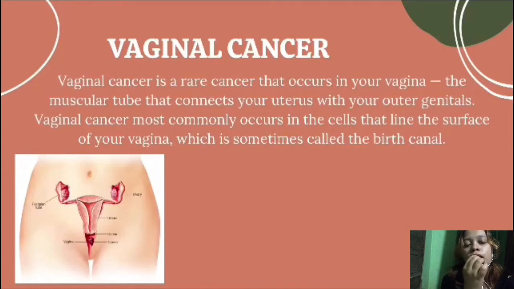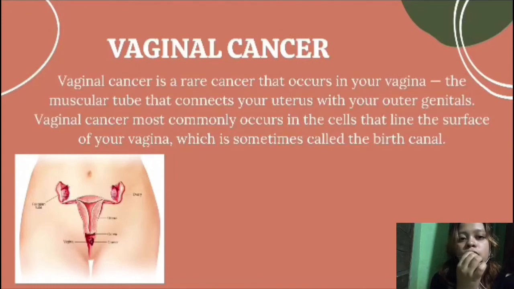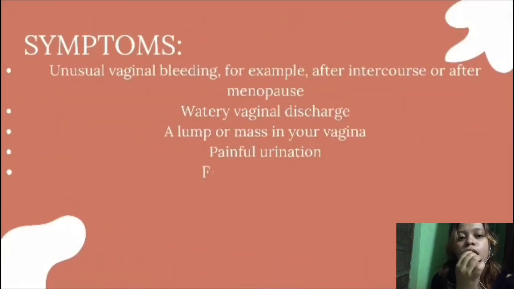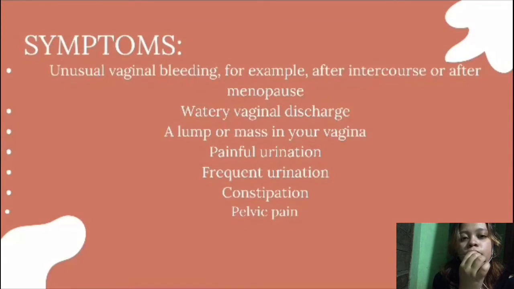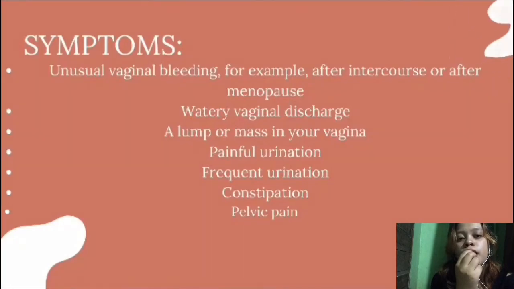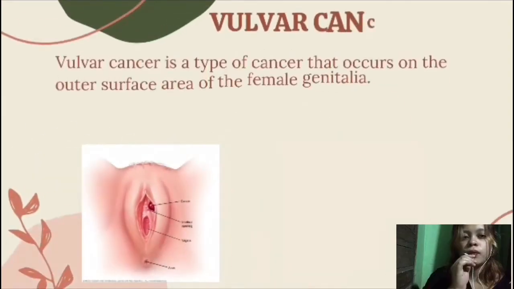Vaginal cancer may cause signs and symptoms such as unusual vaginal bleeding, for example, after intercourse or after menopause, watery vaginal discharge, a lump or mass in your vagina, painful urination, frequent urination, constipation, and pelvic pain.